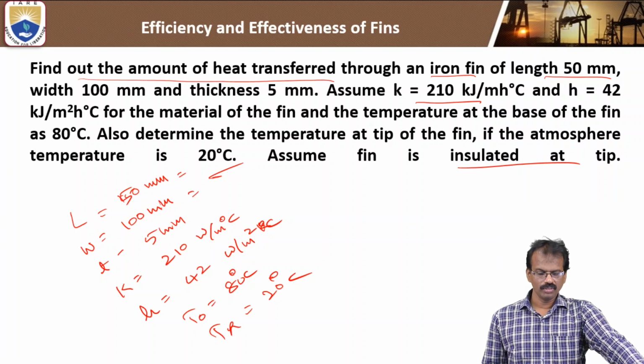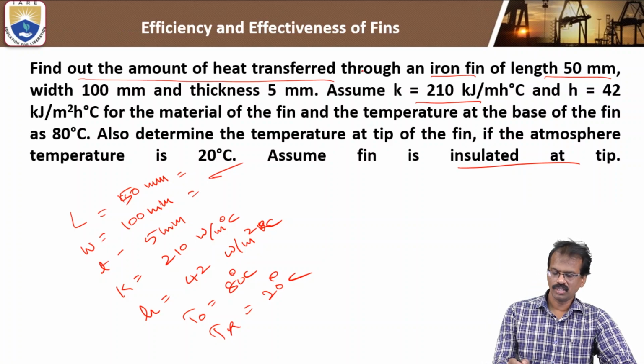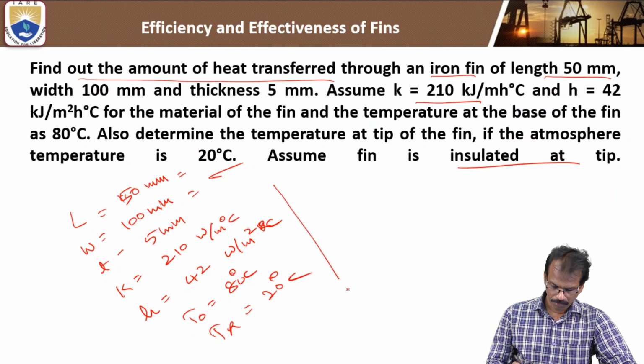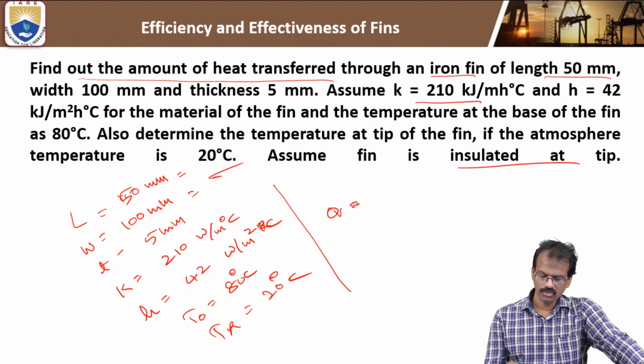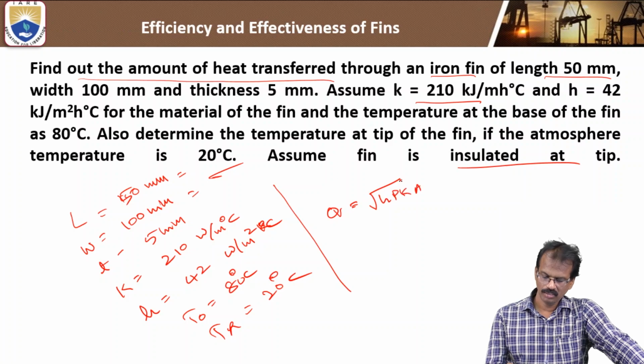Then we can find out the amount of heat transferred through the fin, which means you have to find out Q. You know the formula for Q for an insulated end: under root of hPkA into theta naught, where theta naught is T naught minus T infinity, into tanh mL.